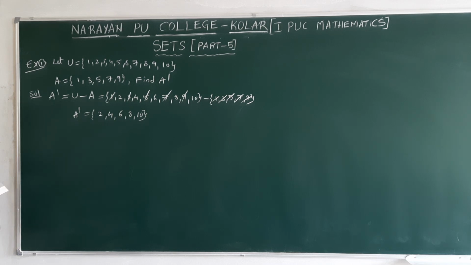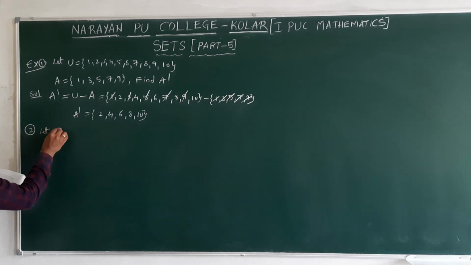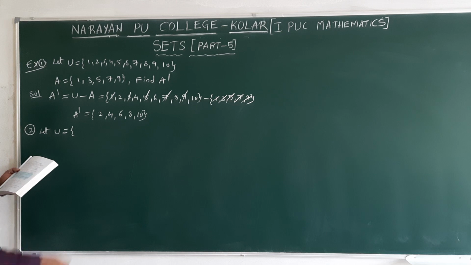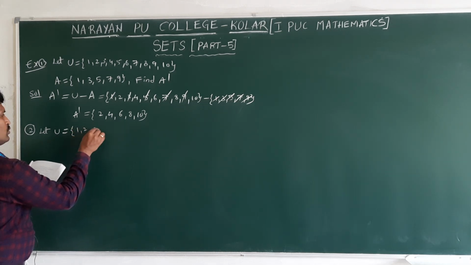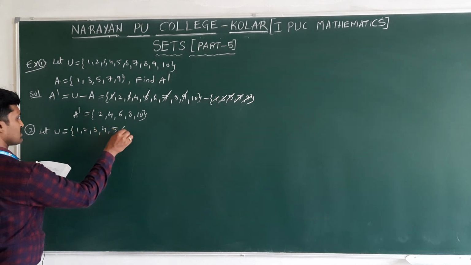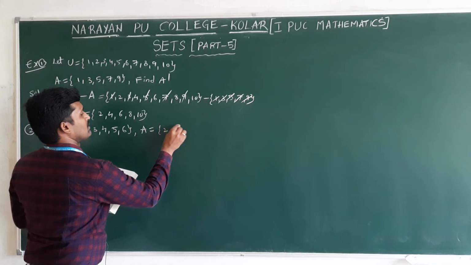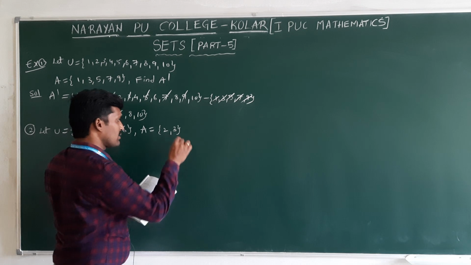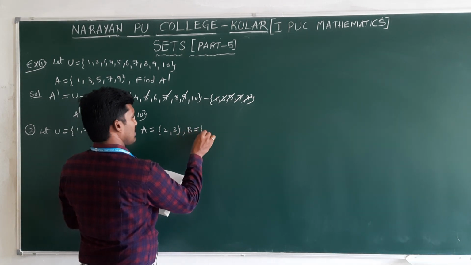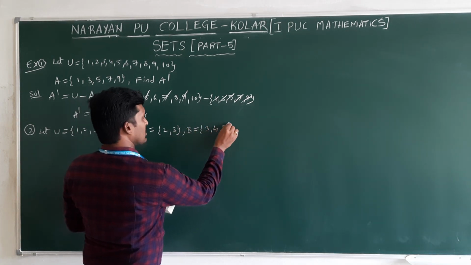Next, second one. Let U equal to 1, 2, 3, 4, 5, 6, A equal to 2, 3, B equal to 3, 4, 5.